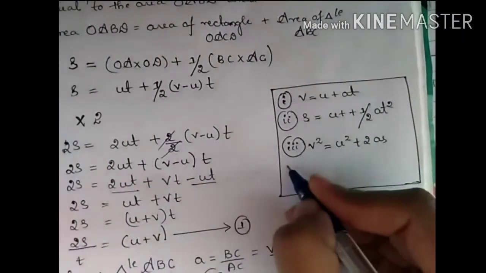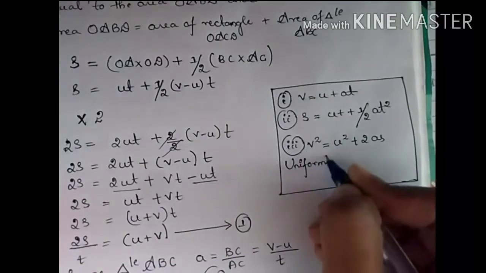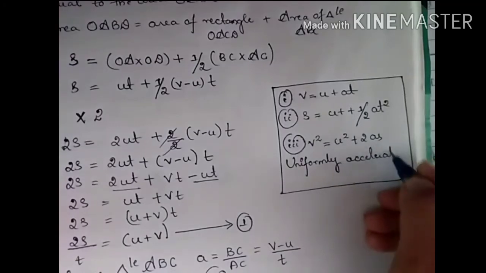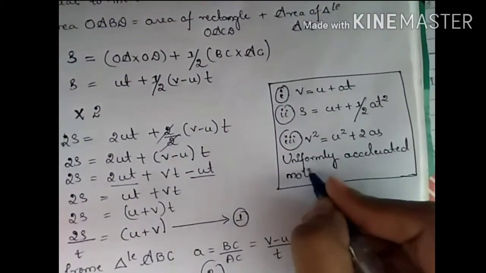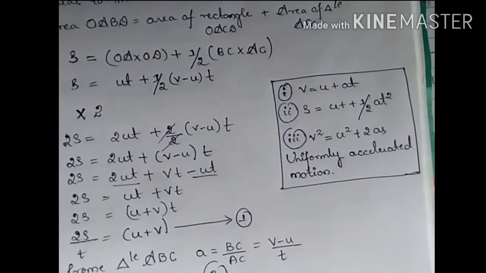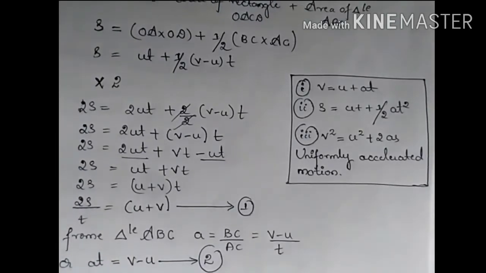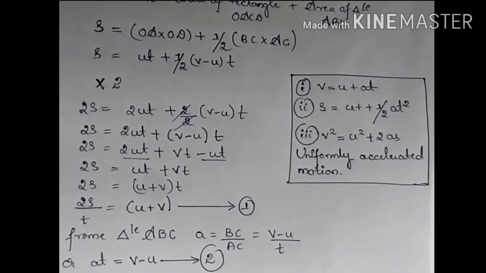So these three equations were for uniformly accelerated motion. These are the three equations that are possible for the uniformly accelerated motion of a body, which we have derived from the velocity time graph.